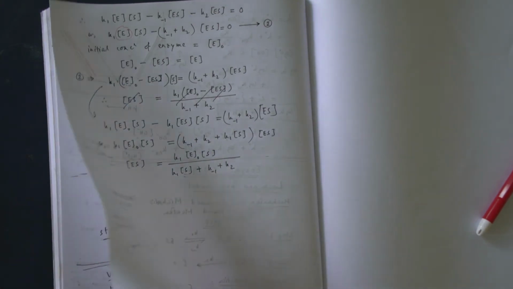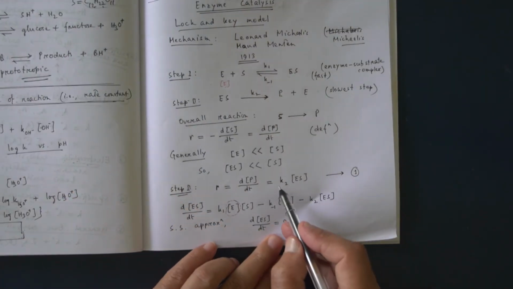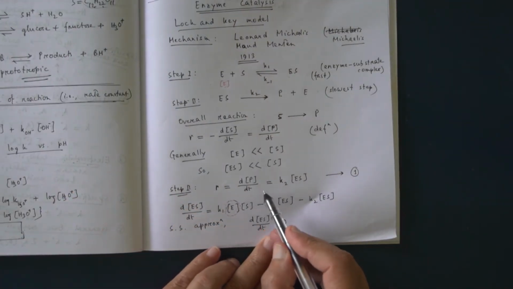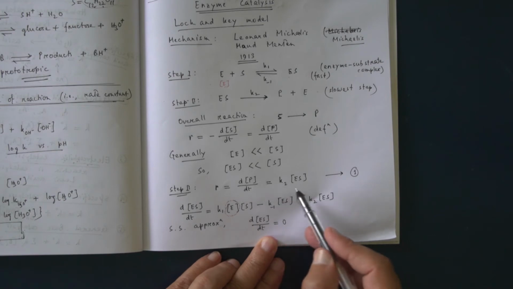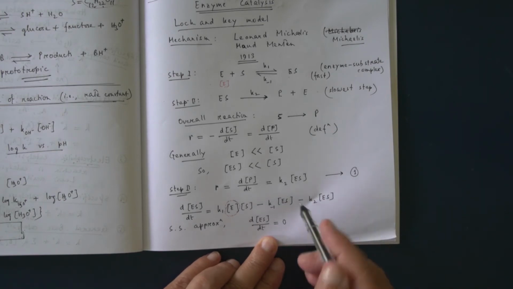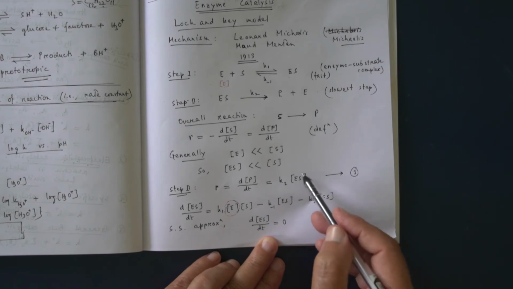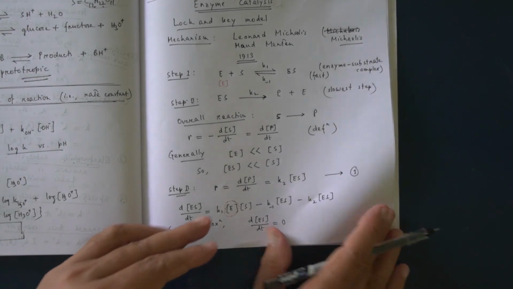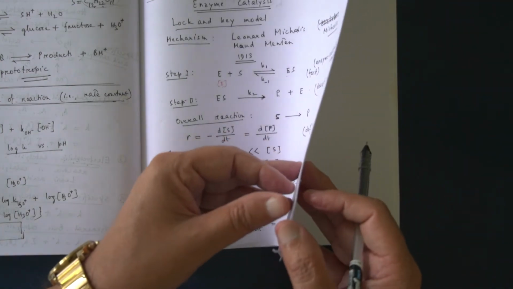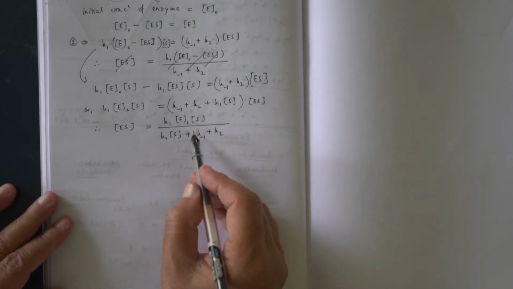So what is the rate of the reaction? Rate of the reaction equals k2 ES. That is equation number 1. And we are finding out the value of ES.